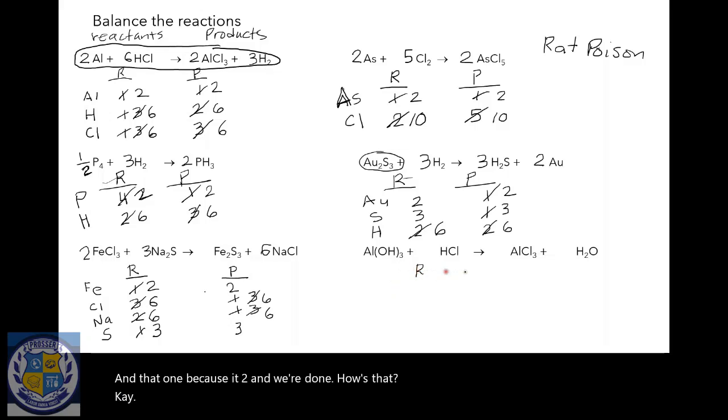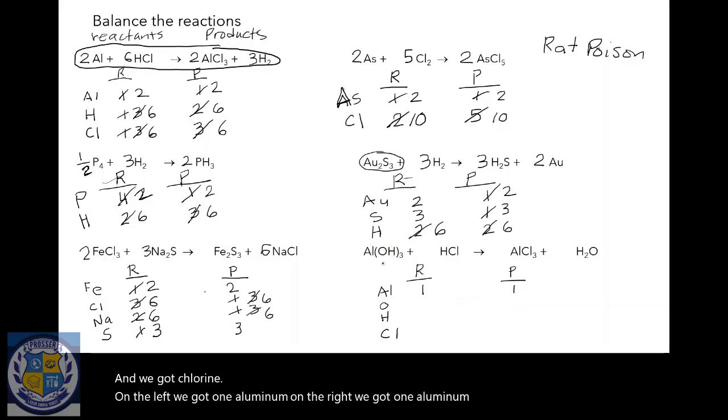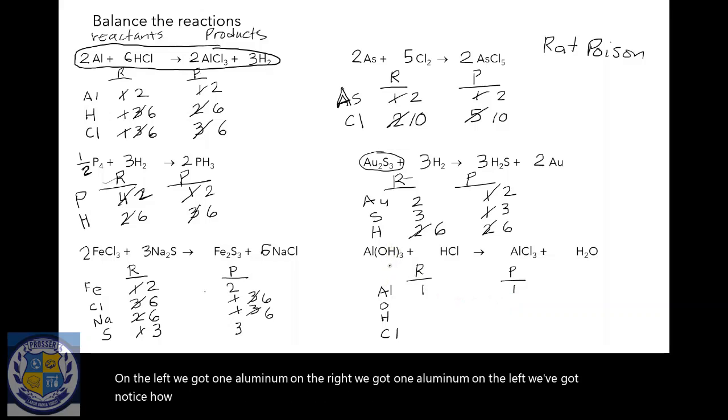Reactant, product. We got aluminum. We got oxygen. Oops. We got hydrogen. And we got chlorine. Okay. On the left, we got 1 aluminum. On the right, we got 1 aluminum. On the left, notice how this OH group, this hydroxide, is inside parentheses.